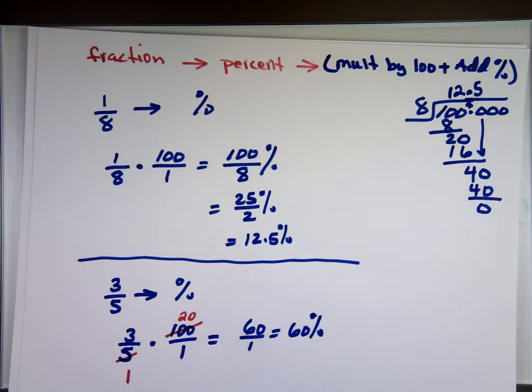The key to remember, which one do you multiply, which one do you divide? Percent to a fraction, we divide. Fraction to percent, we multiply. I don't have a way to remind you to multiply or divide. I don't have a saying. I don't have a trick in my mind that will help you.